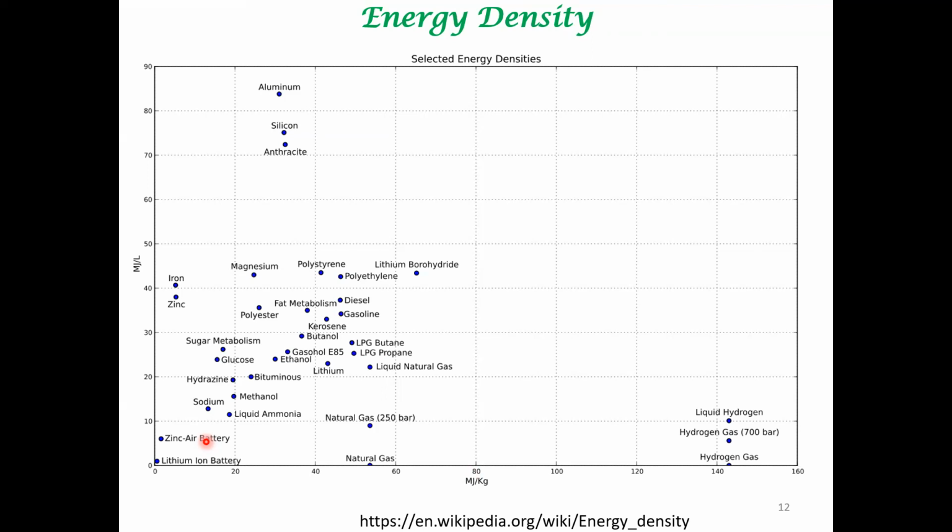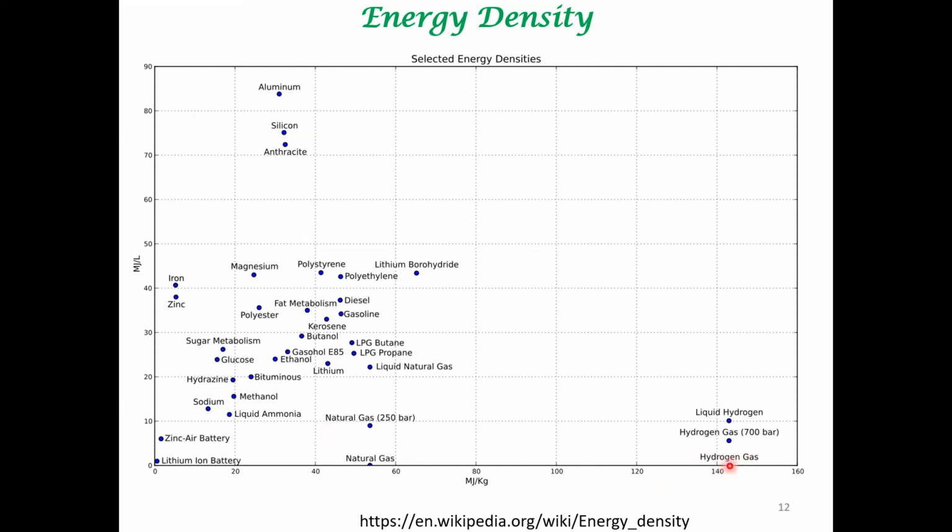If you have an electric car, almost 50% of the weight of the car goes into the weight of the batteries that are being utilized to run the car. As opposed to that, petrol and so on have very high energy density. The cleanest chemical fuel is hydrogen gas.